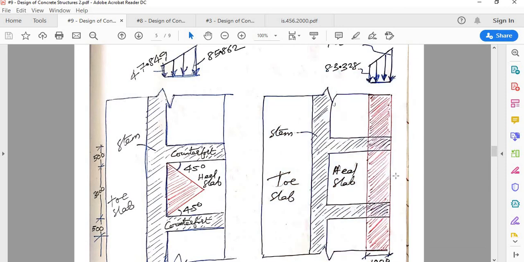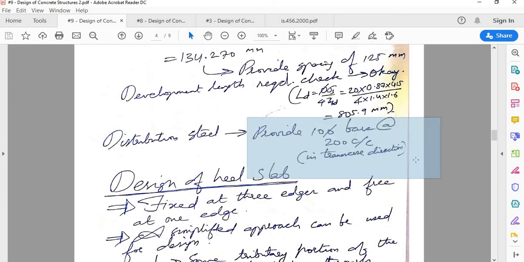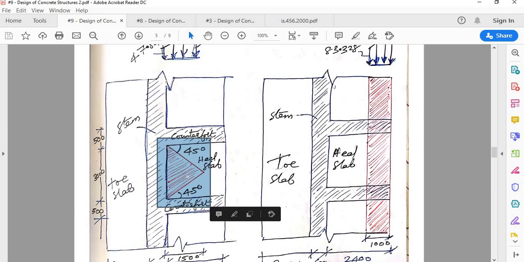Okay, top and bottom. Now in the transverse direction you can provide minimum steel or distribution steel, just like we provided for the toe slab. Now when you have this triangular distribution, we have to calculate the bending moment, right?